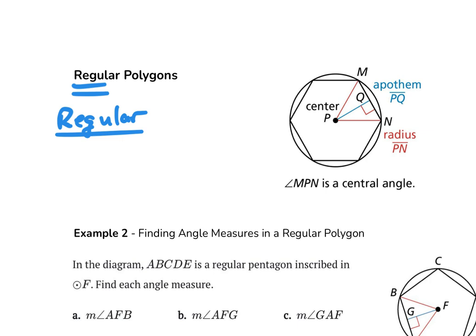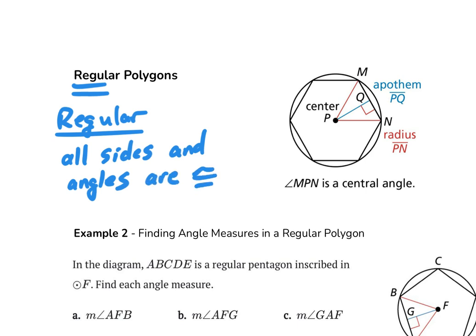All sides and angles are congruent. Sometimes it'll just come right out and say all of the sides and angles are congruent. It may be marked on the picture, or if it just uses the word regular, we already know that to be true. So figures that we know are regular would be an equilateral triangle.